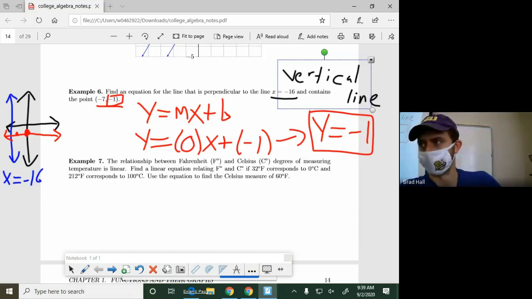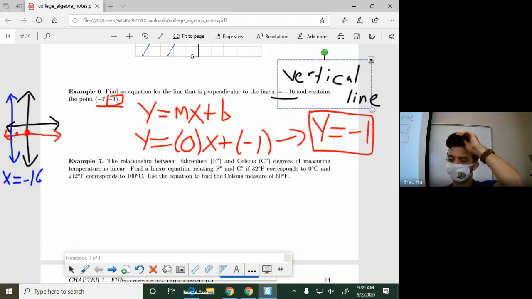And by cleaning everything up, we get that y is equal to -1. So that would be the line that is perpendicular to x is equal to -16, such that it goes through that very specific point.